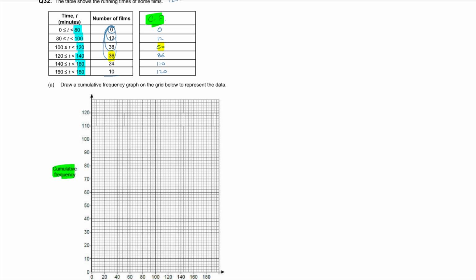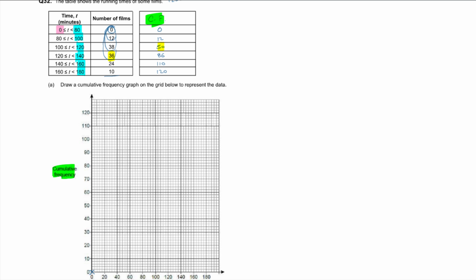Not the median, not the low one, but the upper class bound. Plus you've got this extra bonus point that you can plot at the lower bound of the first group on your cumulative frequency table. Okay, so I'm going to plot a point at 0, 0 as a bit of a bonus point. There's that one there.